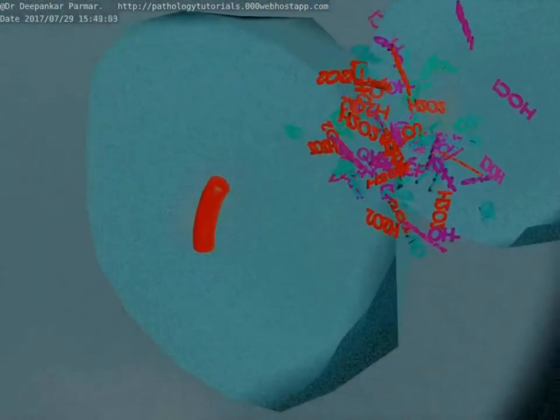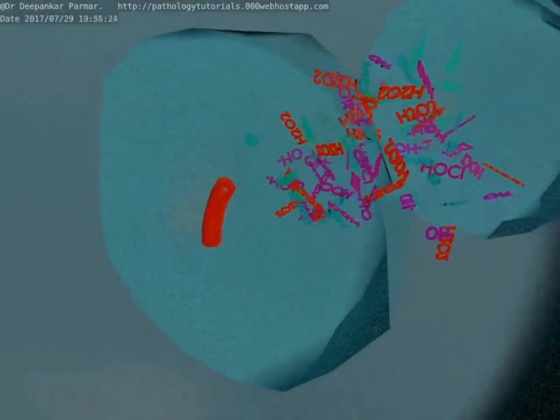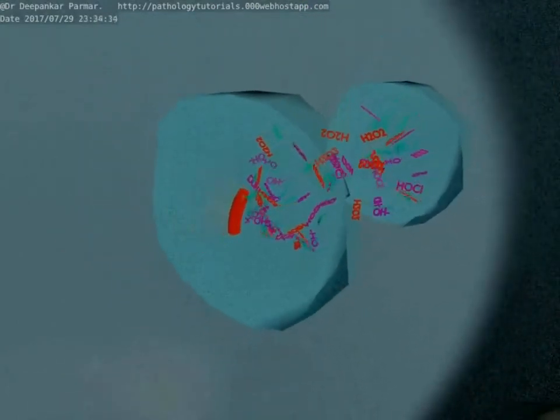In the fifth or the last step of phagocytosis, there is killing of the bacteria in the phagolysosome.